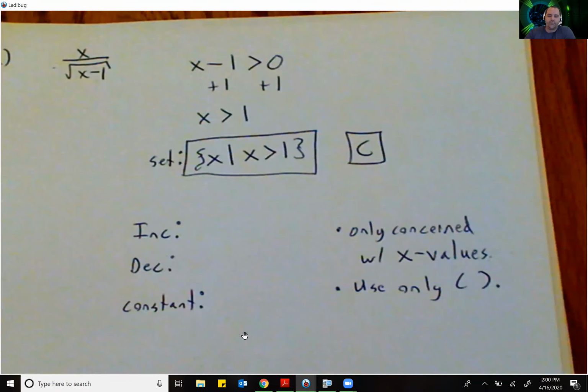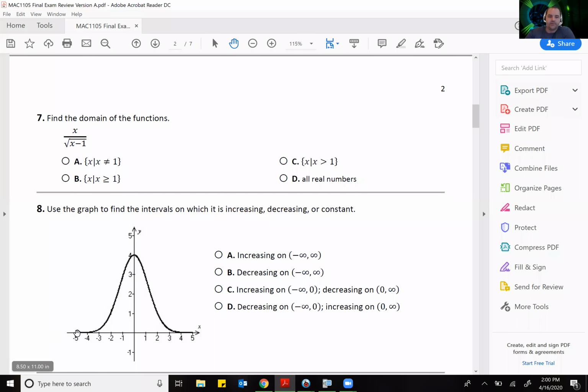All right, so let's take a look at our picture. We're going to work from left to right. My graph starts over here and keeps going this direction. As we're moving from left to right, what's happening to this mouse? It's increasing. I'm going up. If you're using your finger and sliding along, if your finger starts to go up, that means it's increasing. So when did the increasing start? It started down here at negative infinity.